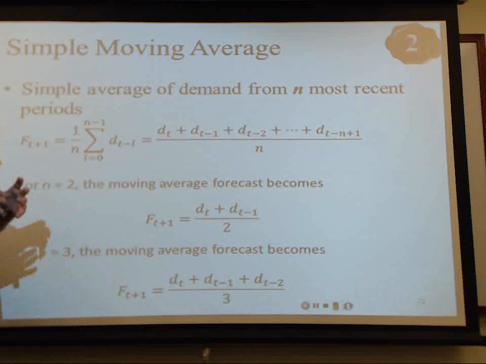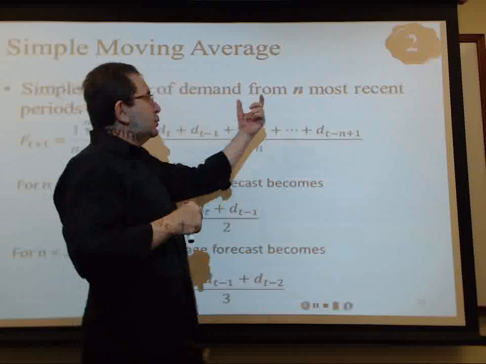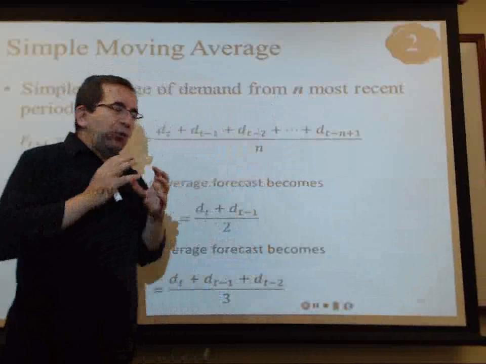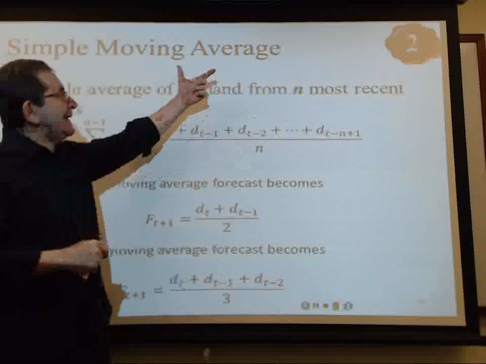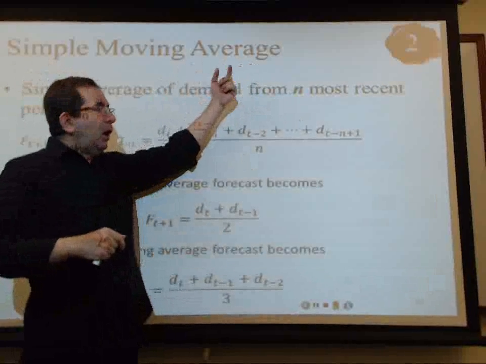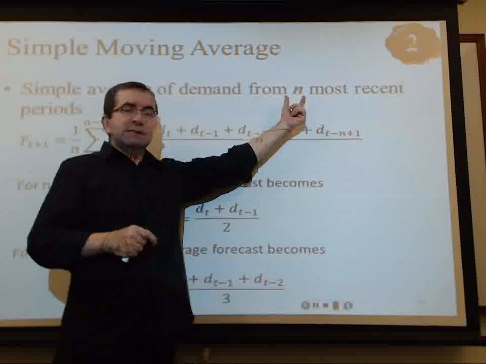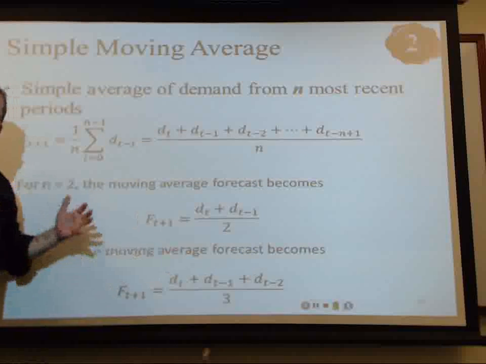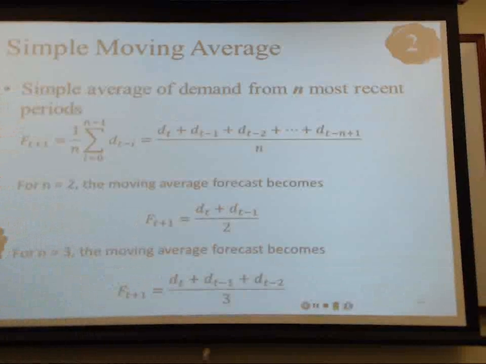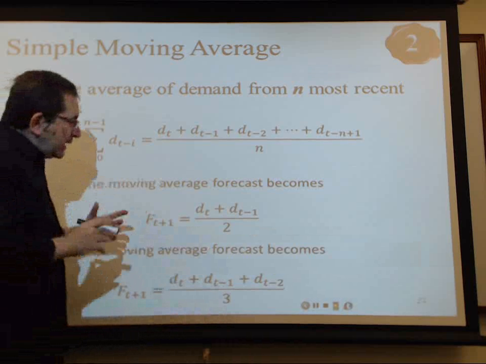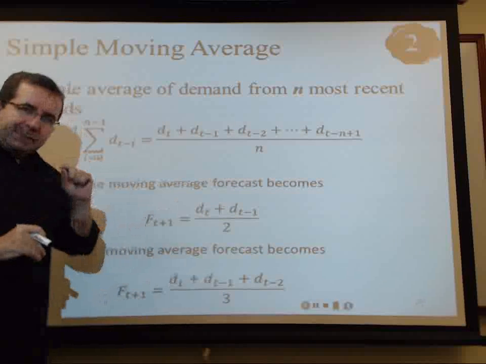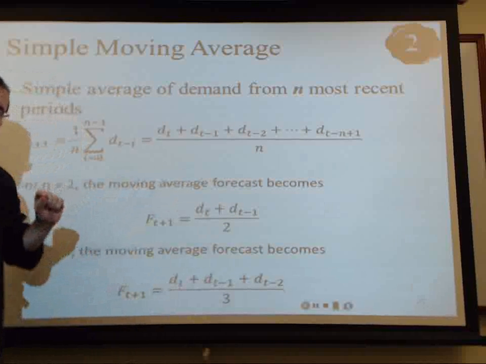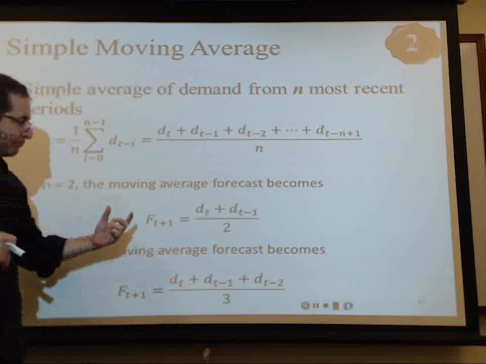Let's suppose I decided to use 2 periods. What I will do is I will take the average of the most recent 2 periods. Okay, n can be 3, 4, 5, 6, etc., any number. So for example, if n equals 2, that means I'm going to use the most recent 2 periods.